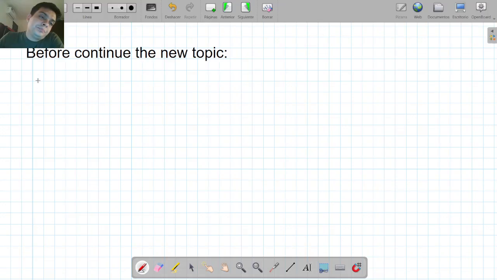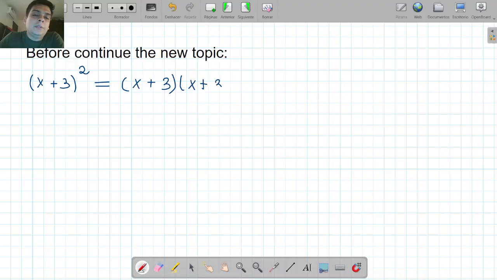A square, we have x squared, etc. If we take, for example, x plus 1 squared, let me put 3 instead. Most of you made this mistake. You write x squared plus 3 squared. This is completely wrong. Never do it. This thing is the same as writing x plus 3 and x plus 3.